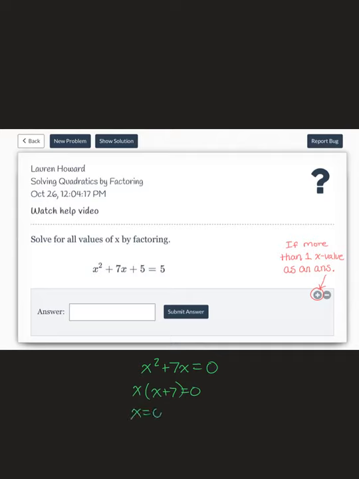Then you set each factor equal to 0. So your two solutions here are negative 7 and 0. So this plus sign on your Delta Math, that will give you a second solution set.